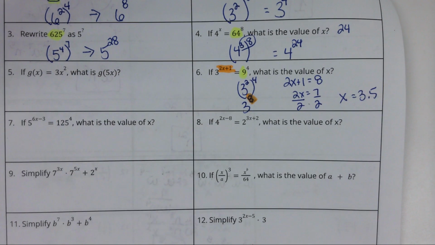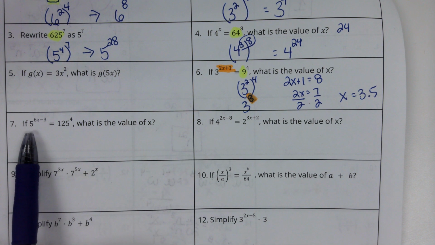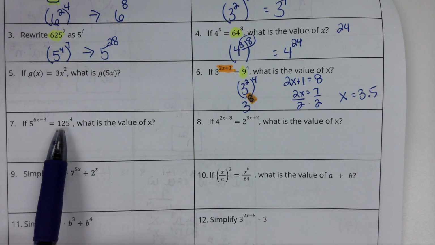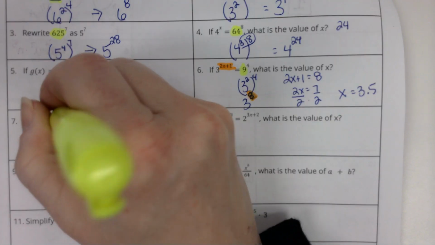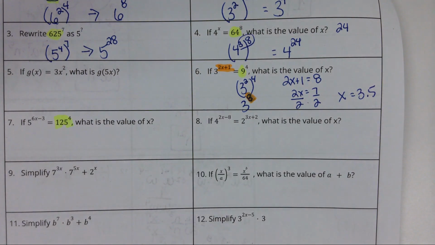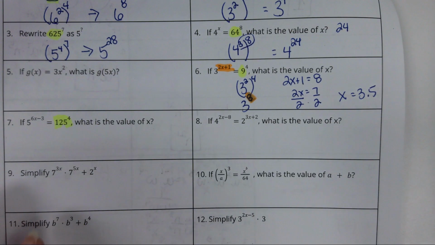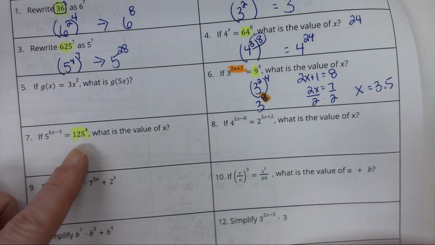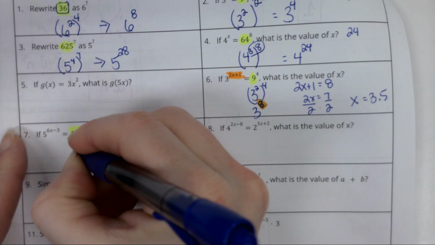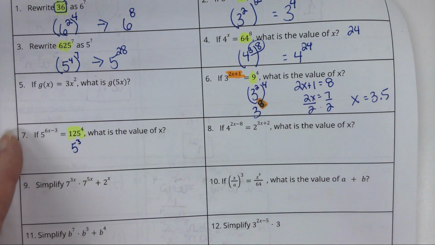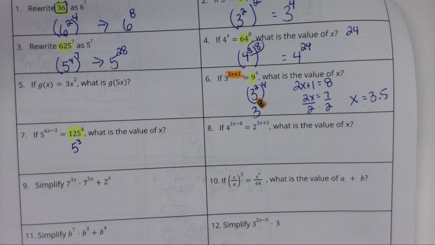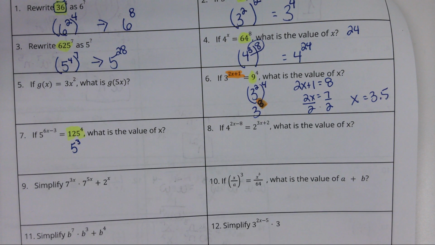Okay, Shane. So this is written as a 5. I need to write that as a 5. Can you tell me what it is? 5 times 5 times 5 is 125.